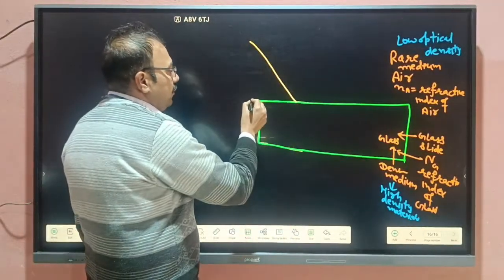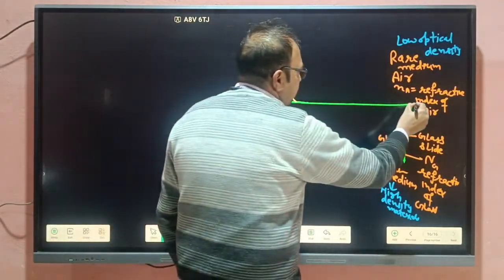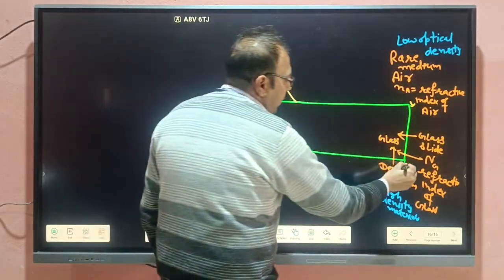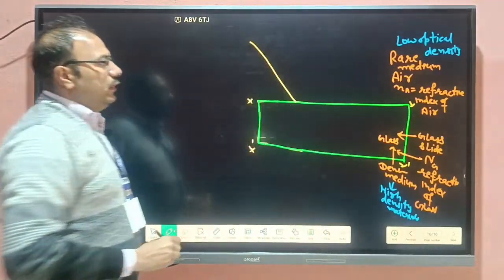Here this is the XY interface, and this is the X dash Y dash interface, so there are two interfaces.